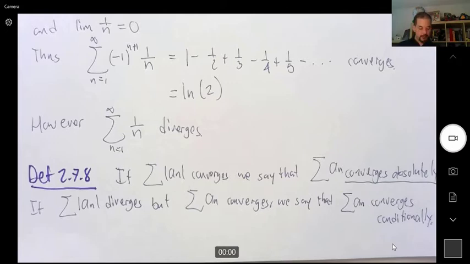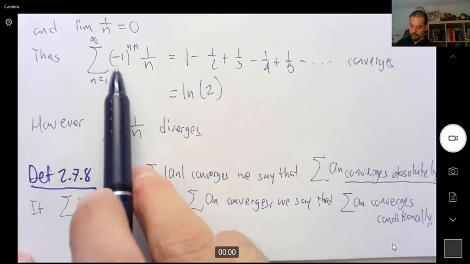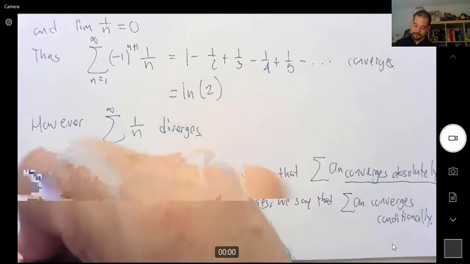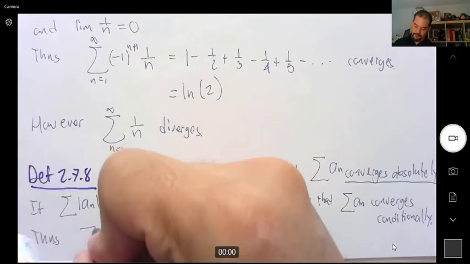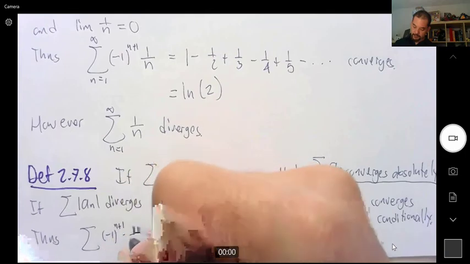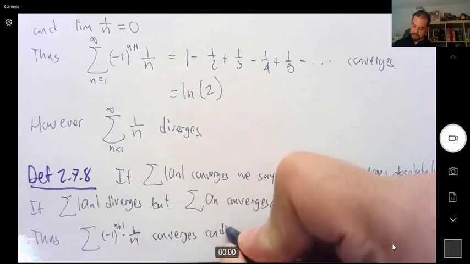So what we're saying here is that the negative 1 to the n plus 1, 1 over n, the alternating harmonic series, converges conditionally. Thus, this guy over here, negative 1 to the n plus 1, 1 over n, converges conditionally.